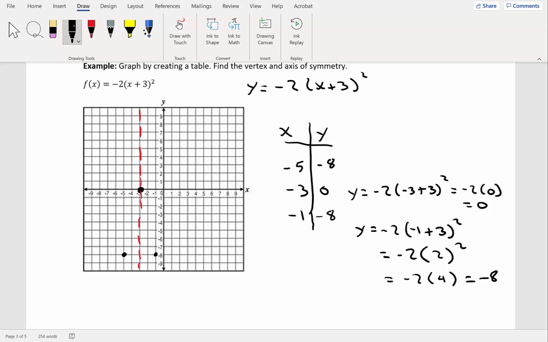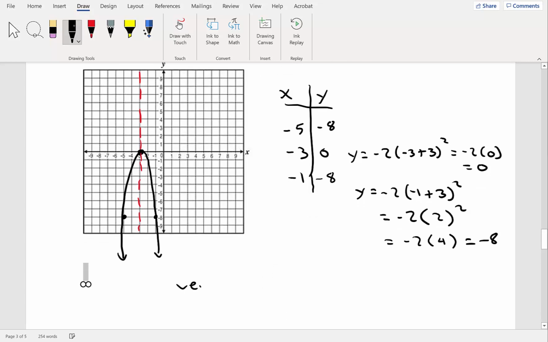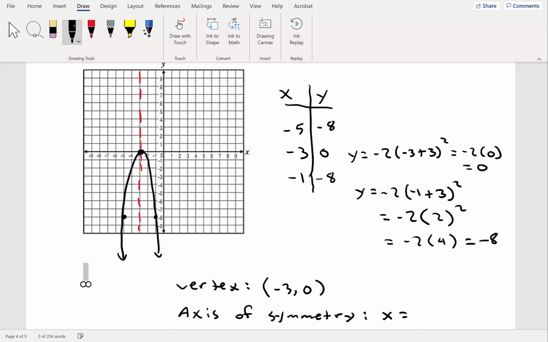Let's connect them with each other, and we have our graph. Okay. So our vertex in this problem is negative 3, 0, and our axis of symmetry is the vertical line x equal to negative 3.